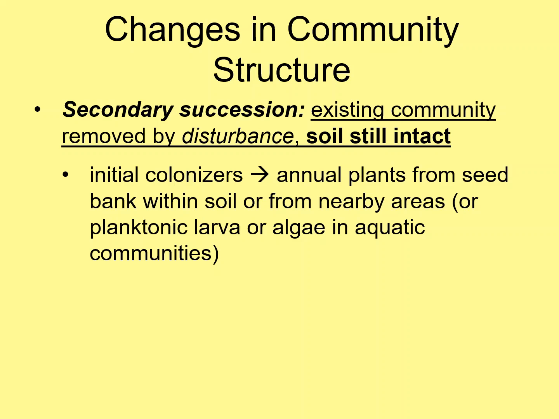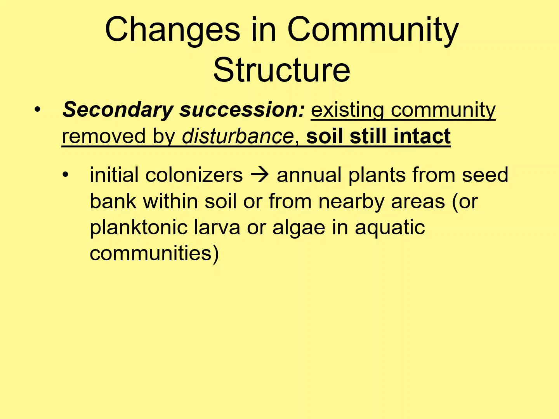But you have that soil community, and if you have that, then you have the nutrients available. You should have seeds from different kinds of plants that can now germinate because there's sunlight and water and other things available to them. And you have those annual plants coming forth from that.